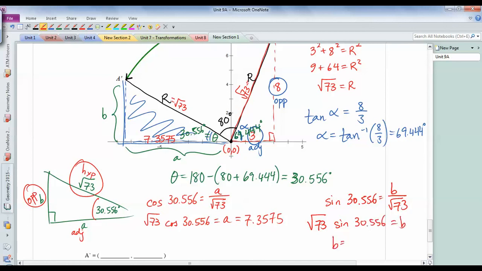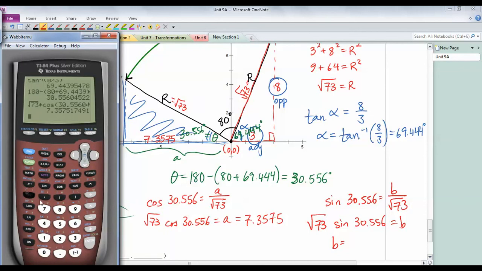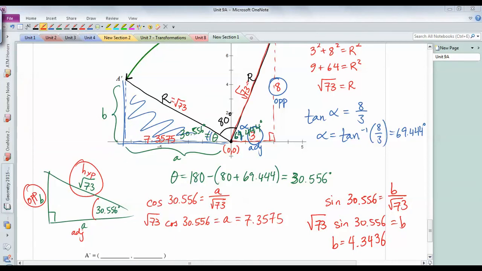And B ends up being root 73 times sine of that 30-degree angle. And we get 4.3436. So this one is 4.3436.